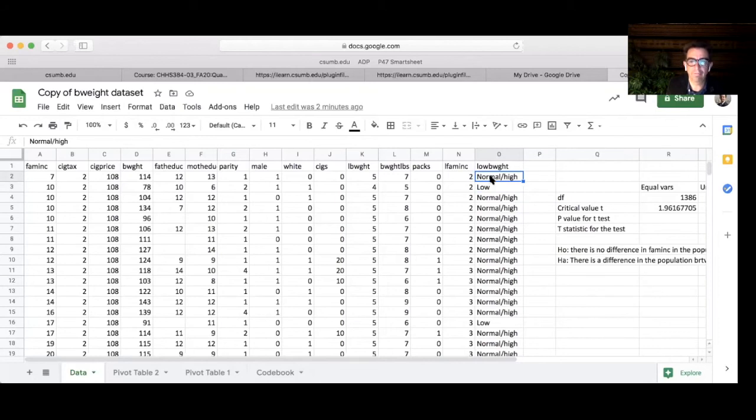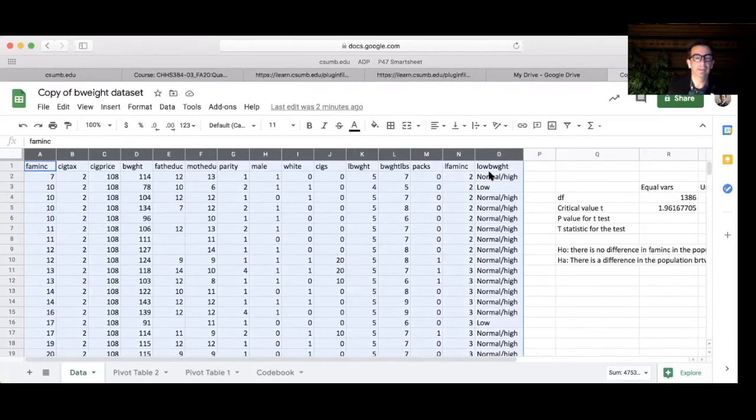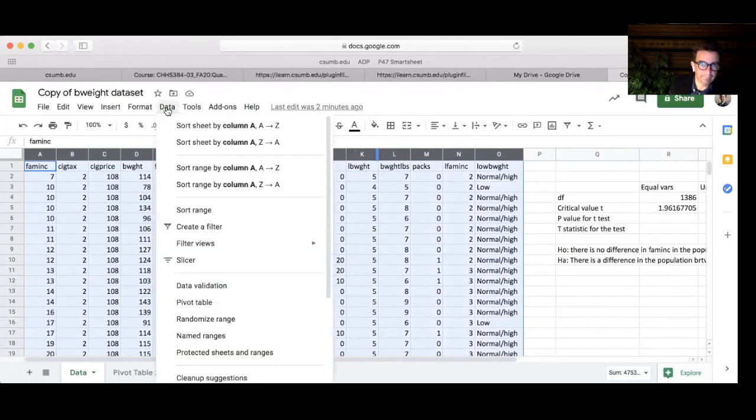So that means that we're going to have to sort this data set by this variable. So the way to do that is we select the data set, and then we're going to go to data, and we're going to click this sort range.